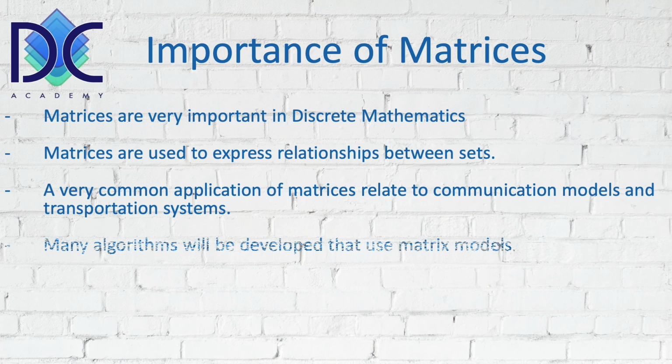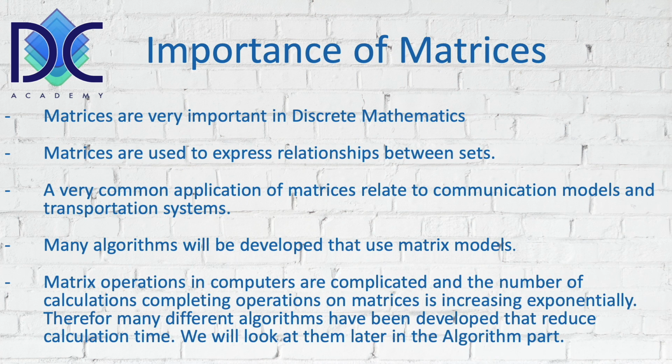Now, there are a lot of algorithms that will be developed that are using matrix models. So matrices are very important, and they are also very complicated because when we're calculating with matrices, the number of calculations increases exponentially, even with the simple multiplication of two matrices.